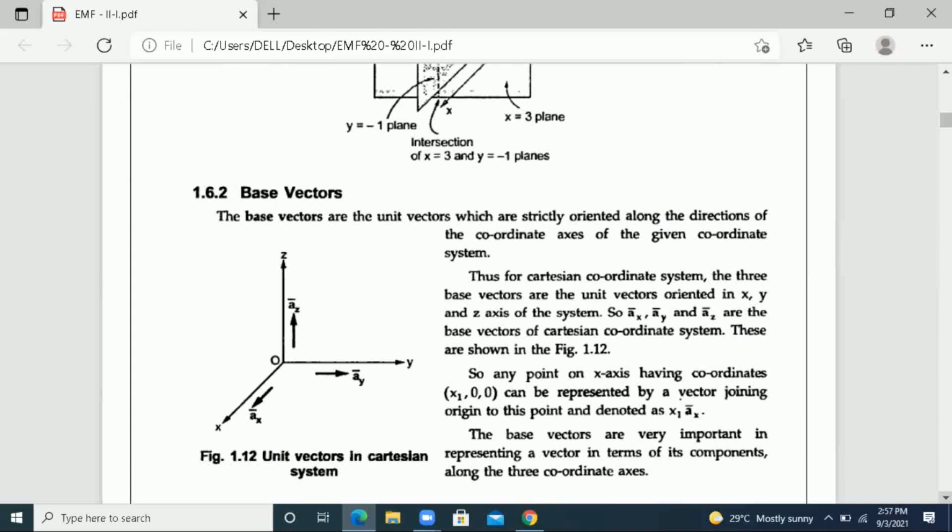Base vectors. The base vectors are the unit vectors which are strictly oriented along the directions of the coordinate axes of the given coordinate system. So for the Cartesian coordinate system, the three base vectors are unit vectors oriented in x, y, and z.